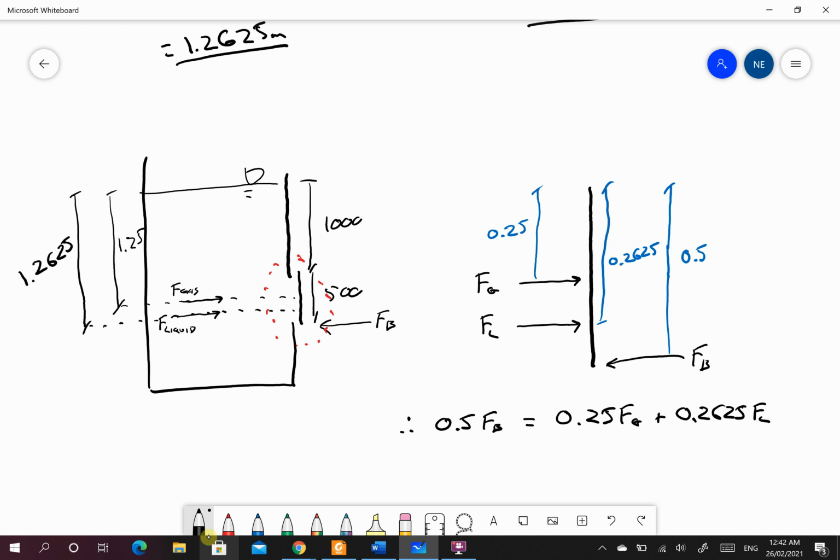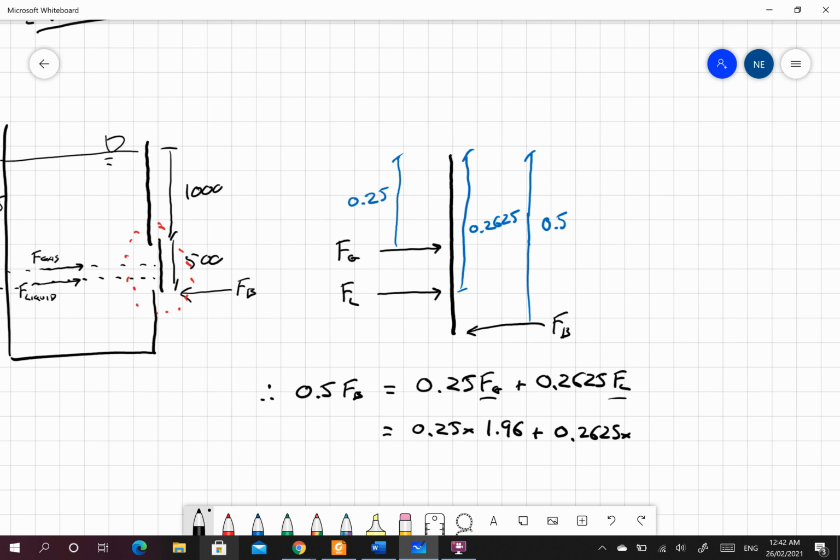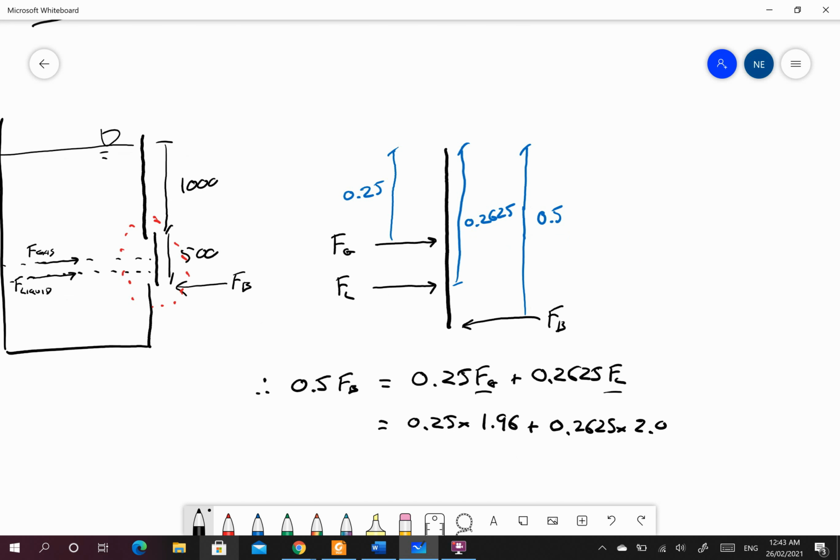Now we know this, so it's equal to 0.25 times 1.96 kilonewtons plus 0.2625 times our 2.05 kilonewtons.